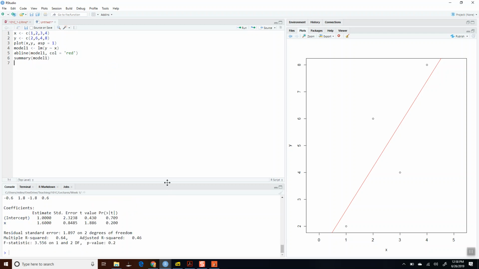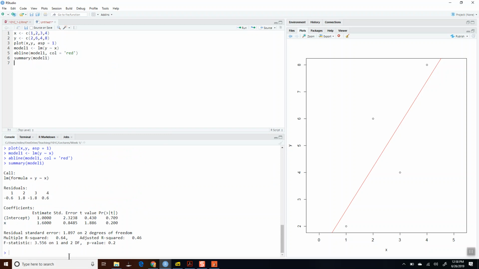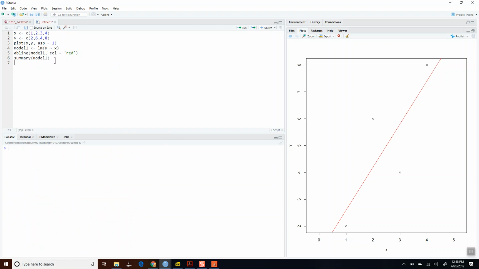Okay, the intercept is 1 and the slope is 1.6, and the correlation between x and y is 0.8. Okay.